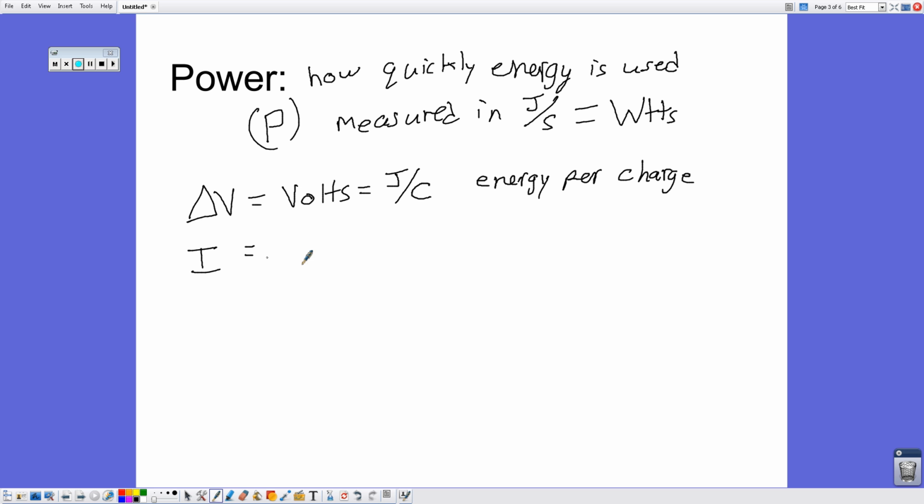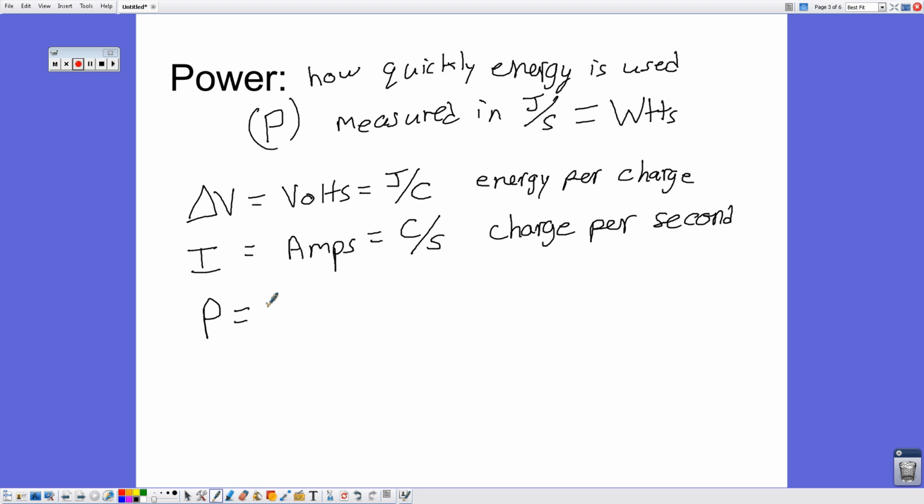And current is measured in amps, which is coulombs of charge per second. Well, look at this. If we multiply these together, I got joules per coulomb times coulomb per second. That gives me, and I don't want to write it like that.